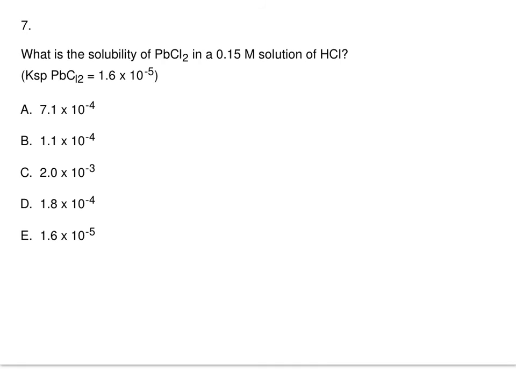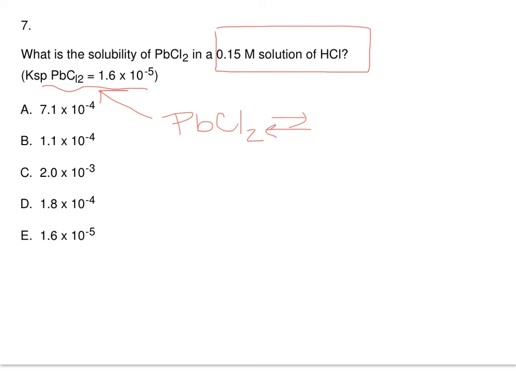Last problem. All right, so first of all, hopefully you can identify it's a Ksp problem. So before you even concern yourself with that, the instant you see it's a Ksp problem, you should write out the equilibrium of the insoluble salt in water, and get your ICE table set up.